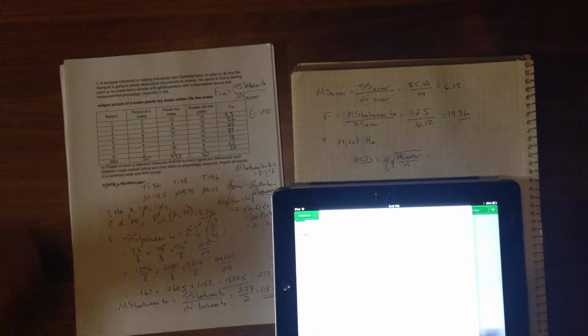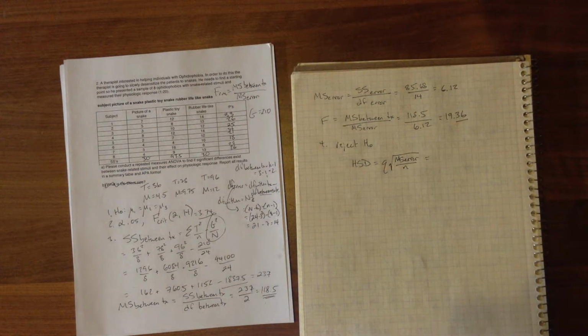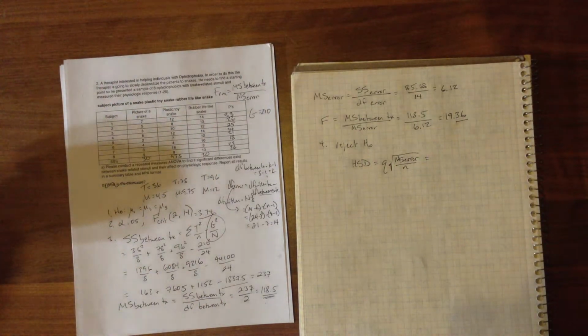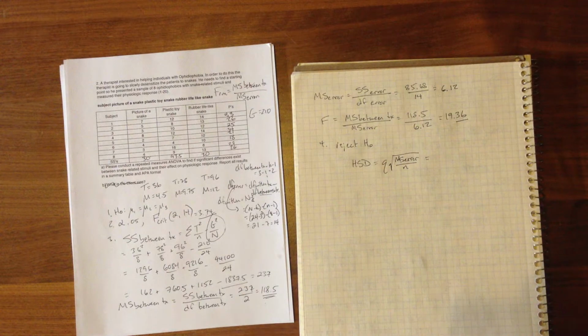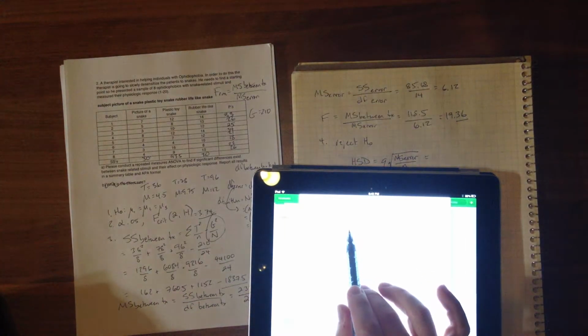Here, the number of treatments is, you know what, let's just double check and make sure that we've got the correct degrees of freedom. I believe that we do. So, with the number of treatments, here we have 3 different treatments, right? We have 14 degrees of freedom.